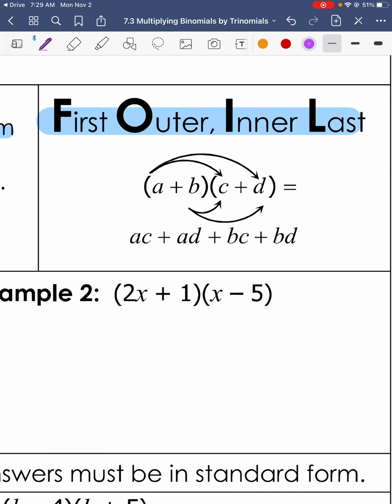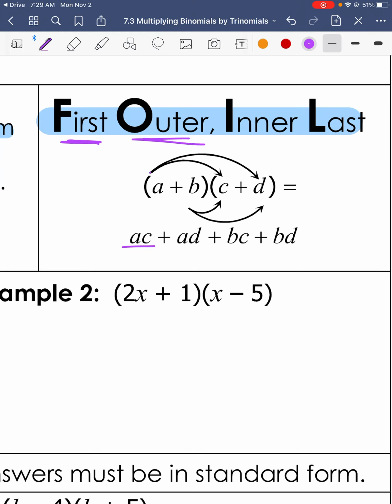So what they're doing here is they're looking at just this A first, and they're going to distribute this A across the second binomial. So the F, the first, means the first two terms of each. So the A times the C, and we have AC. And then we look at the outer.